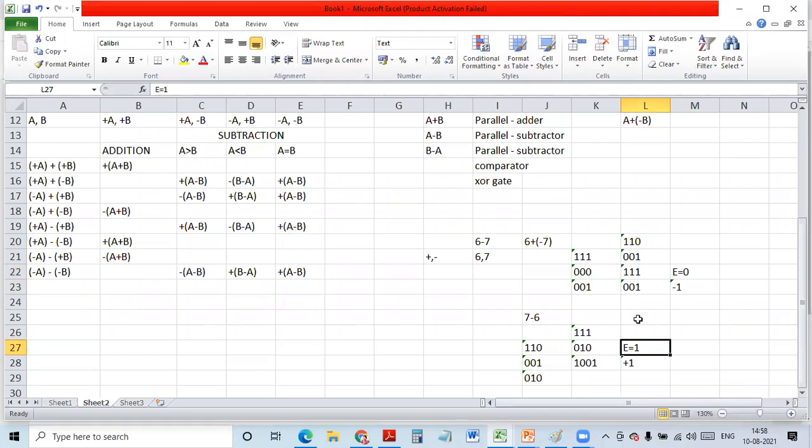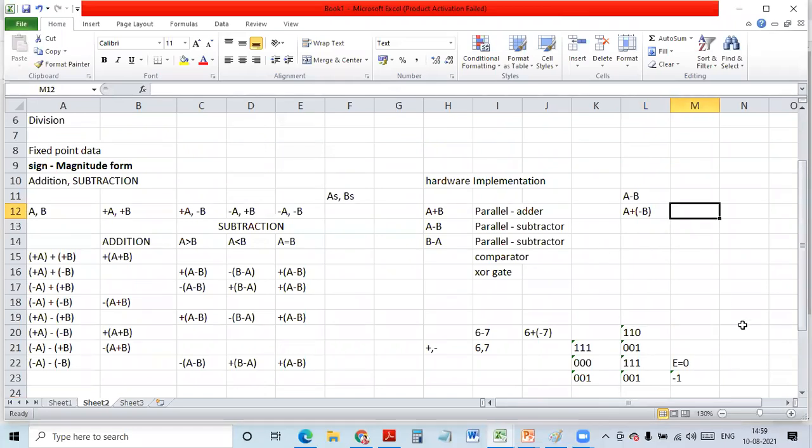So you don't even require a comparator. If you perform complement and parallel adder, the extra carry tells which of the two magnitudes is bigger.